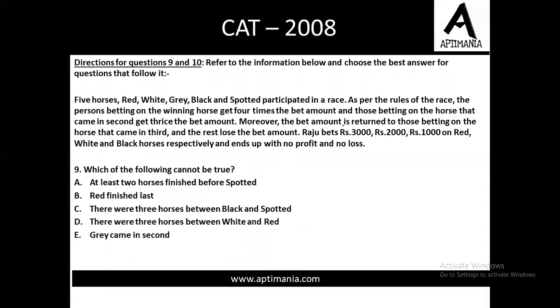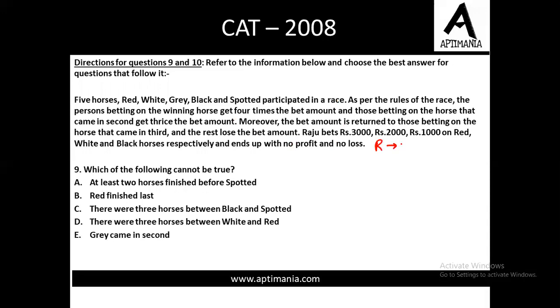Those betting on the horse that came in second gets thrice the bet amount. Moreover, the bet amount is returned to those betting on the horse that came in third, and the rest lose their amount.